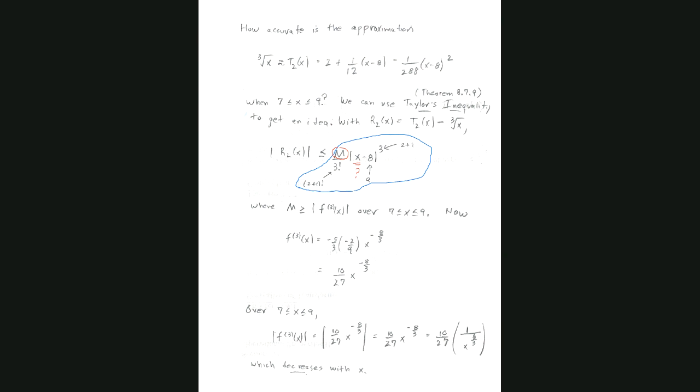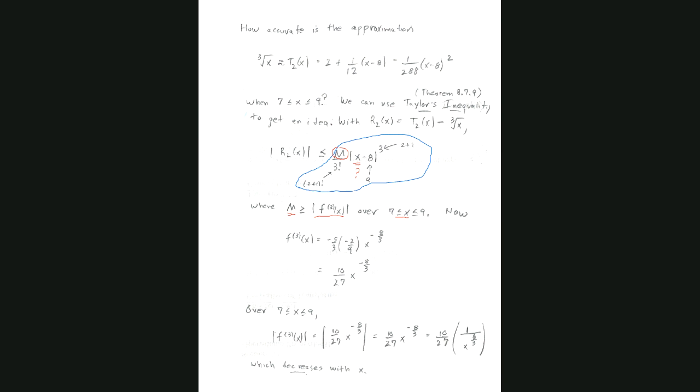So this is why the m has to be greater than or equal to the absolute value of the third derivative over the interval 7 to 9. The third derivative is the n plus first derivative. Well, n is 2, so the third derivative.